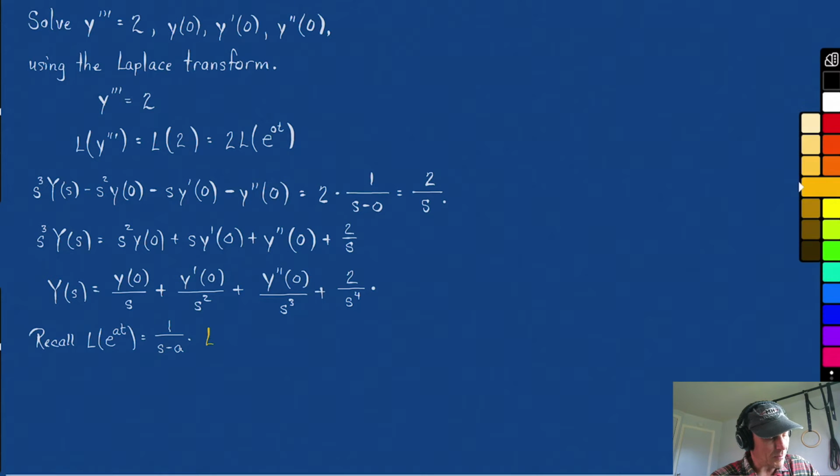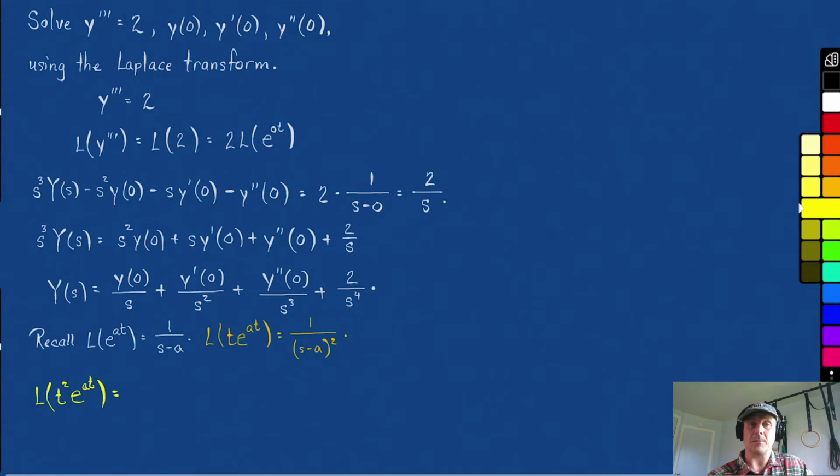So the next one is, what happens if you have the Laplace transform of t e to the at? Well, this becomes 1 over s minus a squared. Then, if I have the Laplace transform of t squared e to the at, this becomes 2 over s minus a cubed.